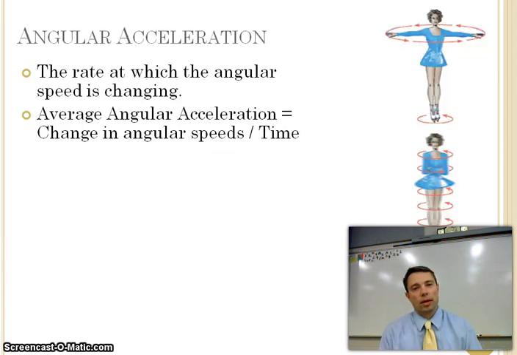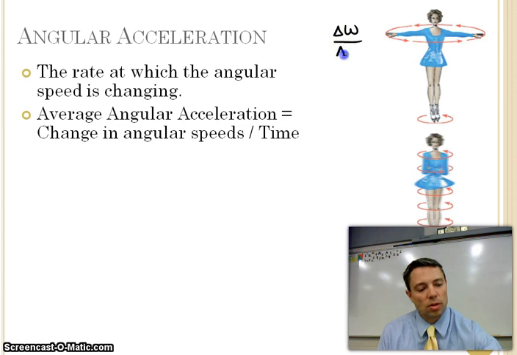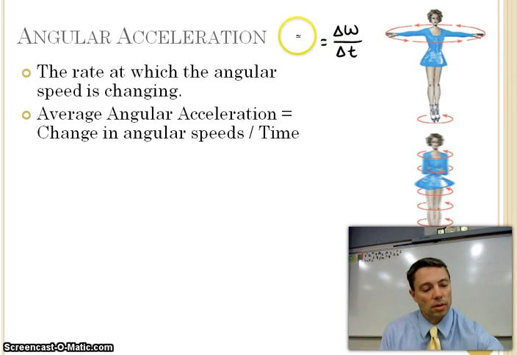Now, not only do we have angular speeds, but we could have angular accelerations. So how fast are we changing that angular speed? Again, we're looking at a change in our angular speed in some unit time. Well, that's going to give us an angular acceleration.